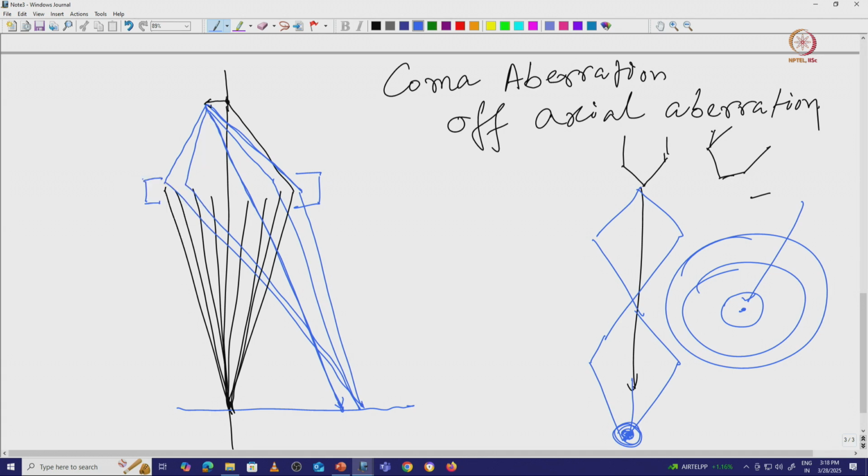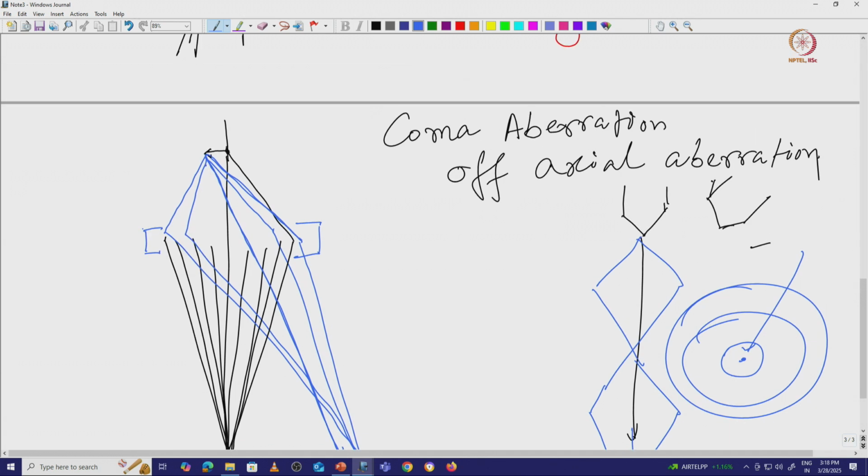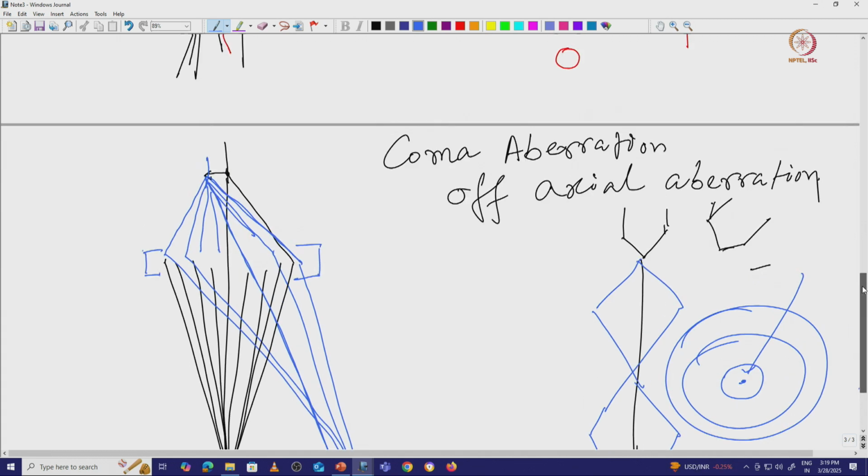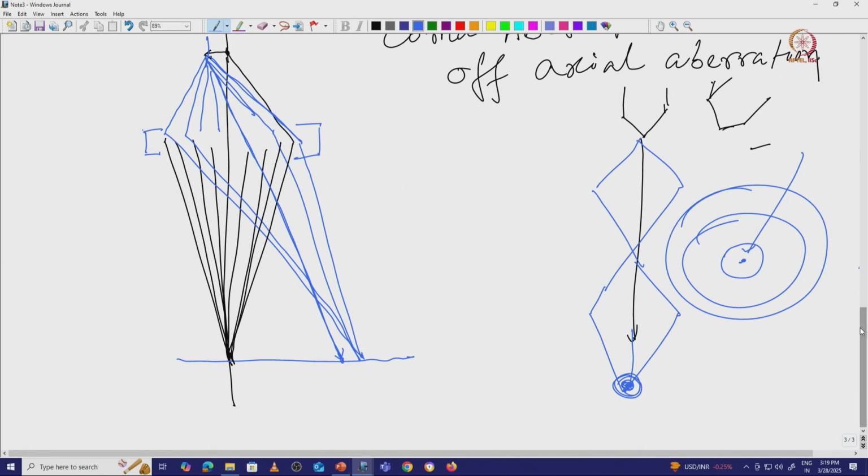Now if more rays are coming out, they will come and merge at this particular point, and the same thing is going to happen.